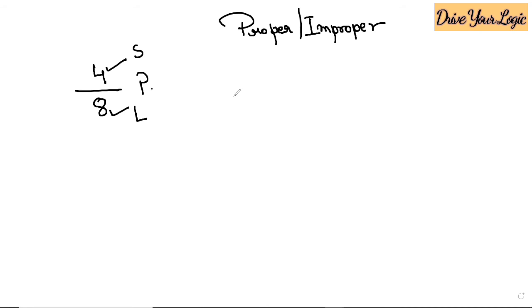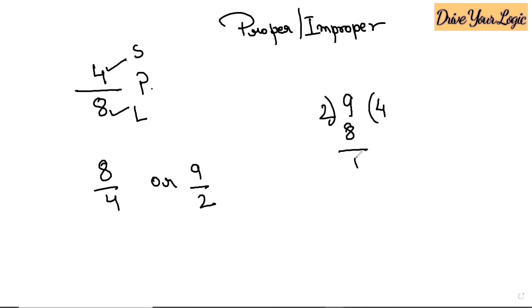When you divide, the answer will come in 0 point something. And improper is just vice versa. So 8 by 4, or you can say 9 by 2, where you can divide. How can you divide? Suppose 9 by 2: 2 into 4 is 8, remainder 1.